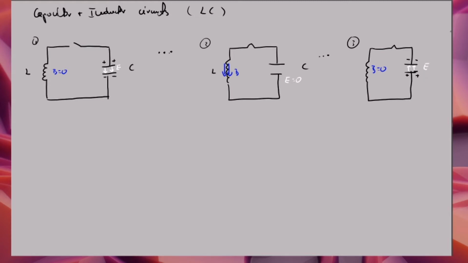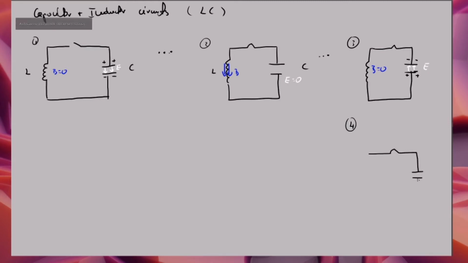Let's go to the fourth picture. Now you're going to have the charges flow through the circuit, and you will lose all of the energy in the capacitor, but that energy will be transferred back to the inductor. And so the picture here would look like this. Here's your capacitor.